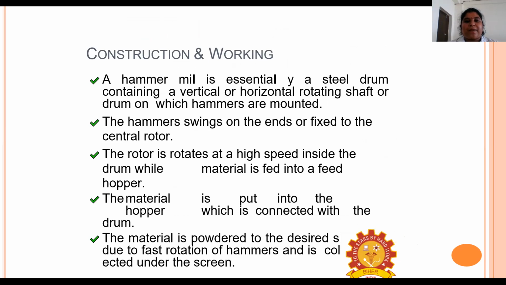So what is the basic construction and working of the hammer mill? A hammer mill is essentially a steel drum containing a vertical or horizontal rotating shaft or drum on which hammers are mounted; the hammers swing on the ends or are fixed to the central rotor. The rotor rotates at high speed inside the drum while material is fed into a feed hopper connected to the drum.